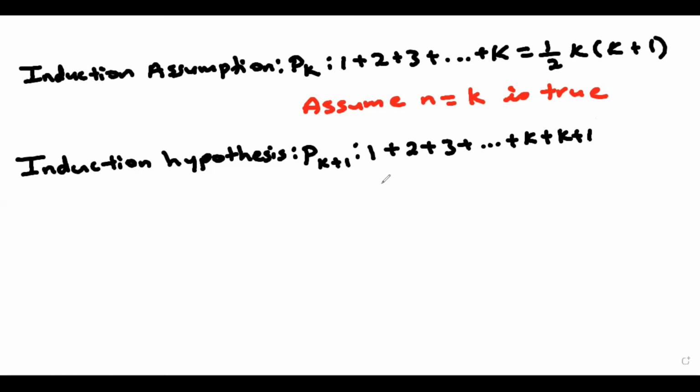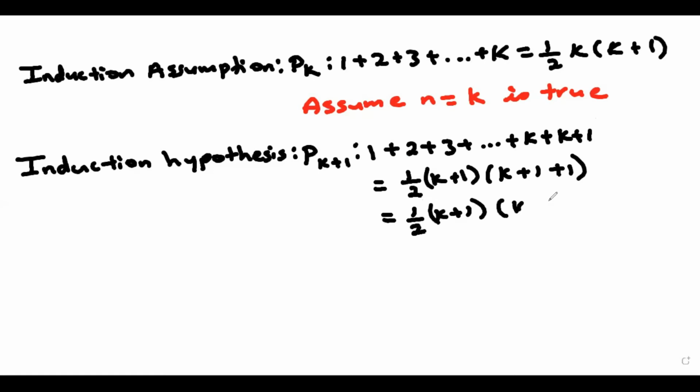And that would be equal to half k plus 1, k plus 1 plus 1. So where n was, you put in k plus 1. And you could simplify this and you'd have half k plus 1, k plus 2.